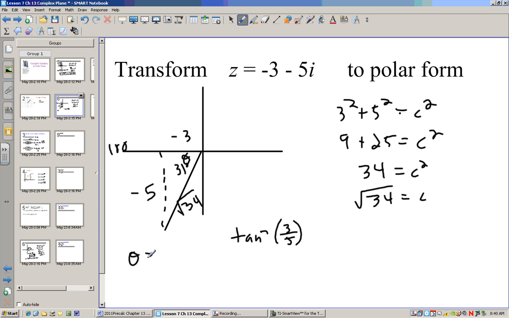So my theta is going to be 211, about. So this in polar is going to be root 34 cosine 211 plus i sine 211. Let's throw a little degrees up there.